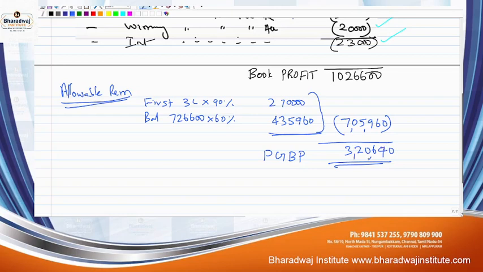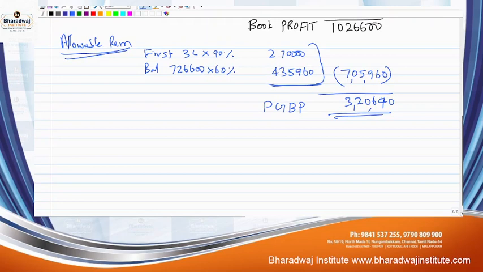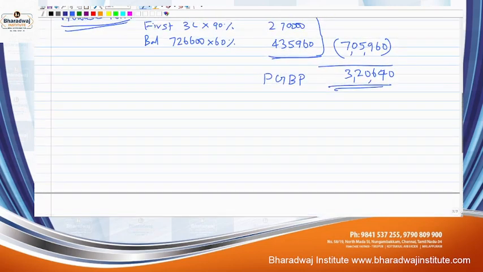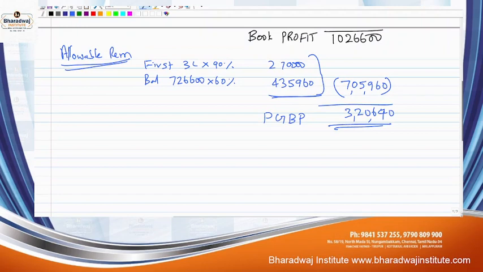You get PGBP. What is PGBP? 3,20,640. And is it possible to work out taxable income?